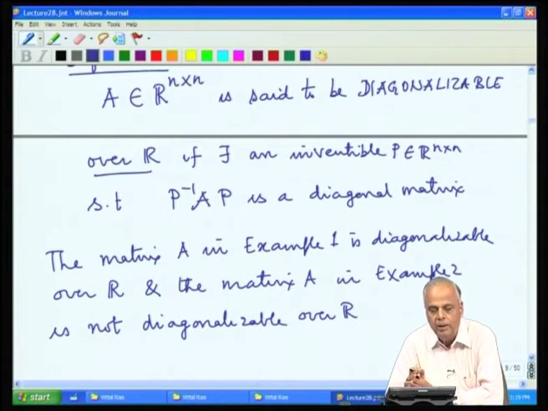It therefore becomes necessary for us to derive some conditions under which, if A satisfies them, we are guaranteed that A is diagonalizable over R, and if A does not satisfy them, then A is not diagonalizable over R.